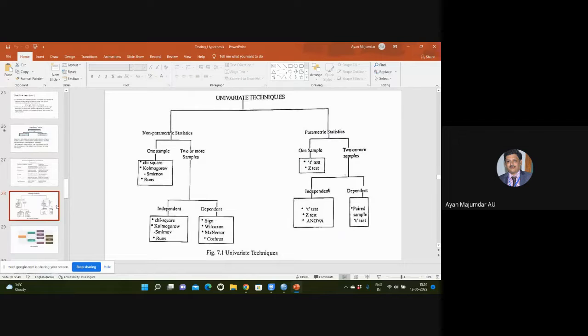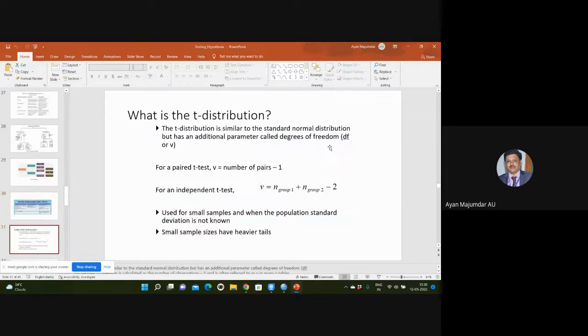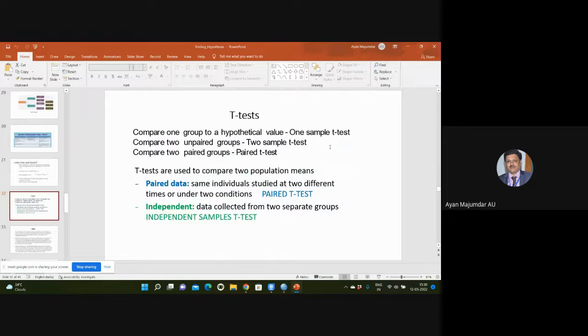So the parametric test statistics, which we will cover here today, are t-test, z-test, ANOVA, paired t-test, and time permitting, we will take up the chi-square test from the non-parametric. Though our discussion mainly here will be limited to the test for normality.